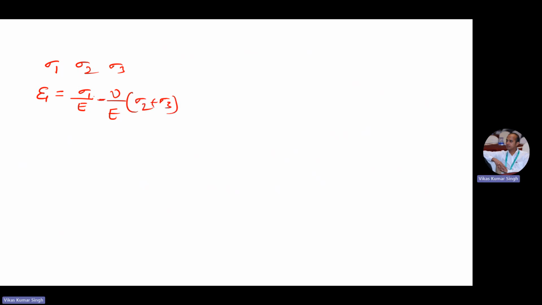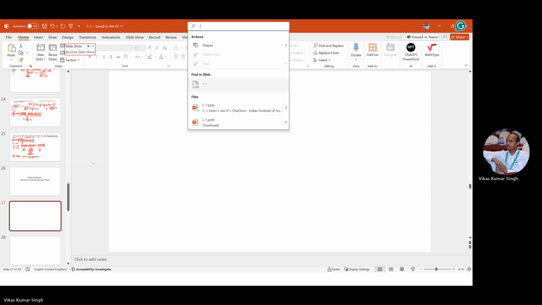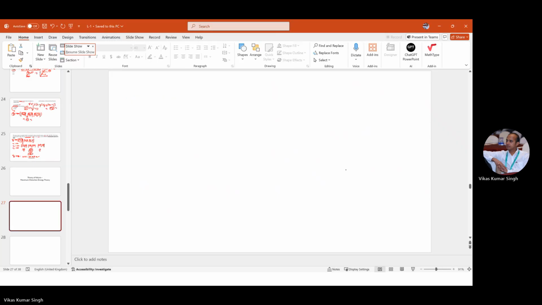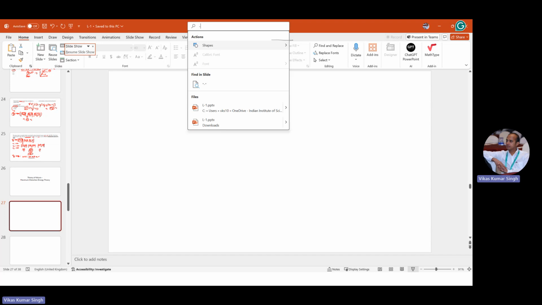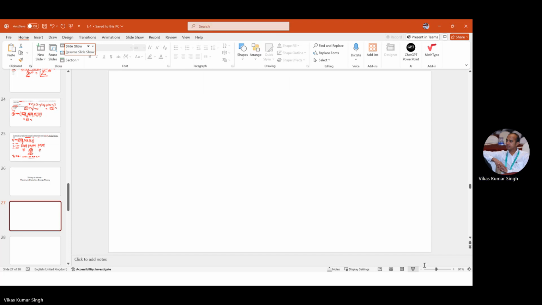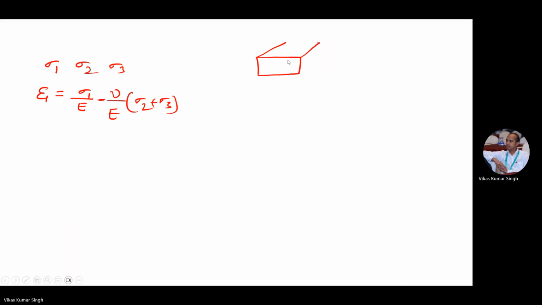You might know this, because suppose you have a material like this and you are applying stress in this direction, stress in this direction, and one on top, like 1, 2, 3.